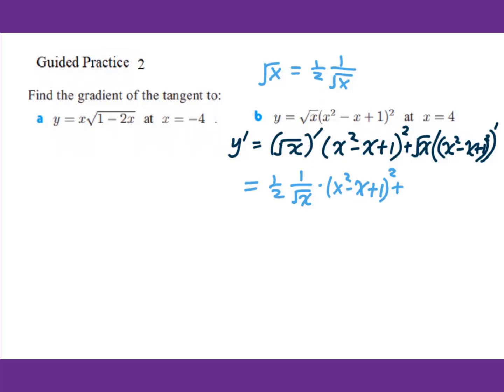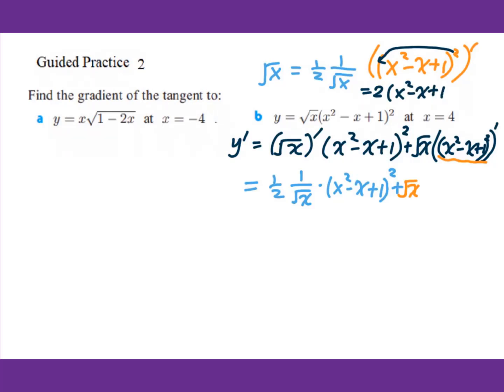Then plus square root of x. For the derivative of x squared minus x plus 1 squared, drop the 2 down, you'll get 2 times x squared minus x plus 1, to the first power.